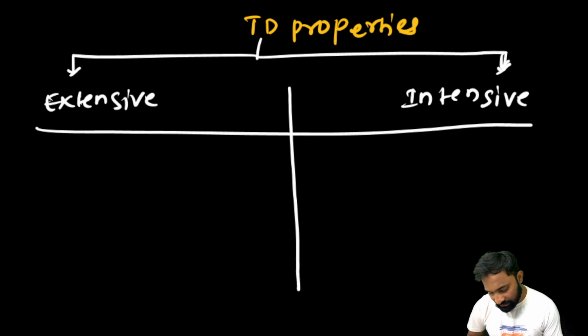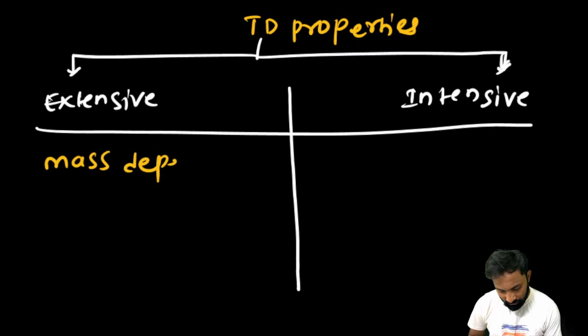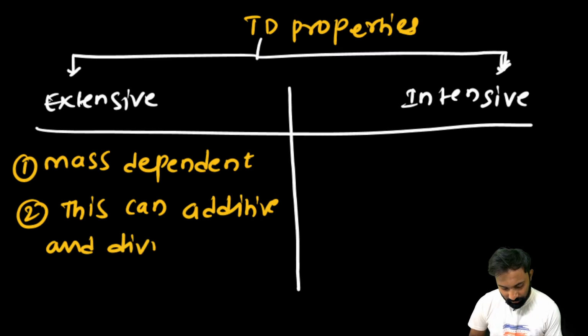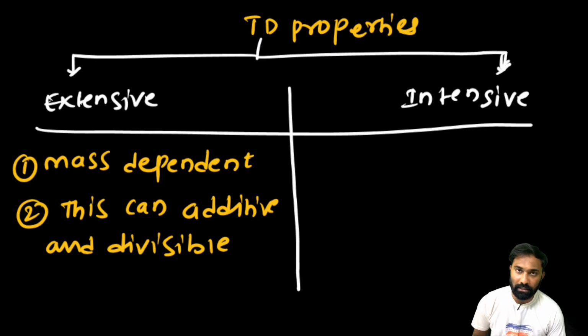These are the mass dependent properties. That is the first point. And the second point, these can be additive and divisible in nature. It means extensive properties can be added or we can divide them.